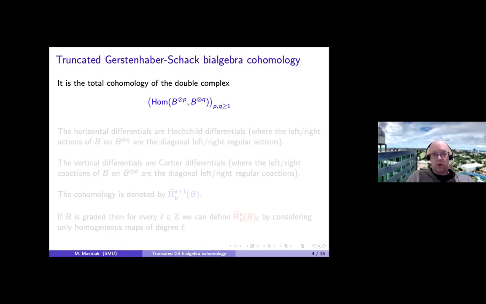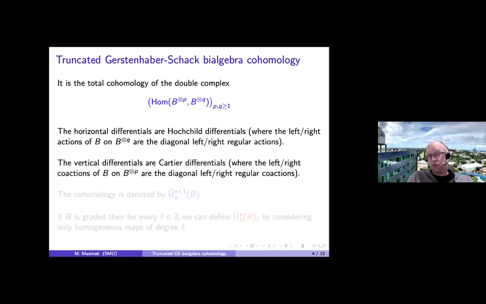So the horizontal differentials are just what you need for computing Hochschild cohomology. Of course, the action of B on the qth tensor power of B is just the diagonal action, and vertically you do the dual of this. It's usually referred to as the Cartier differentials, Cartier cohomology, and the coaction of B on the pth tensor power of B is given again diagonally.